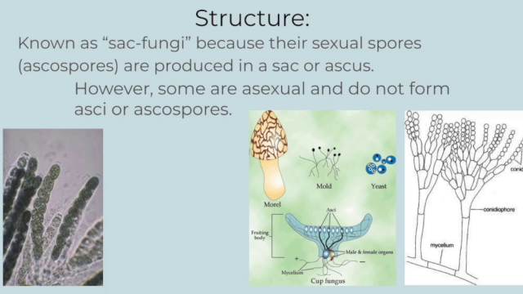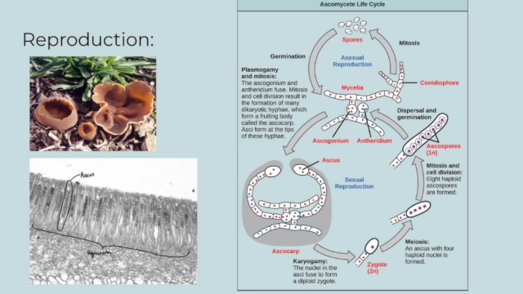So on the far left, you can see that they form these conidiospores. And in the middle there, I have some different structures of different types of Ascomycota. It really depends on the species what they will look like. There's mold, yeast, the cup fungus again, which we are seeing again.